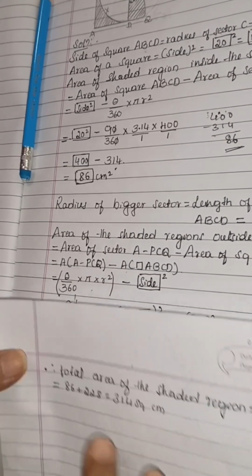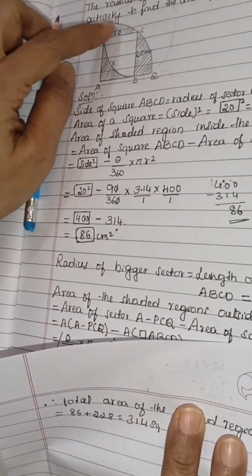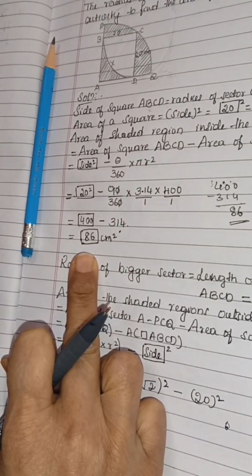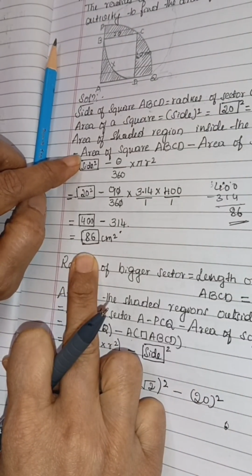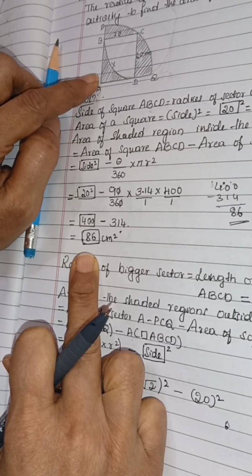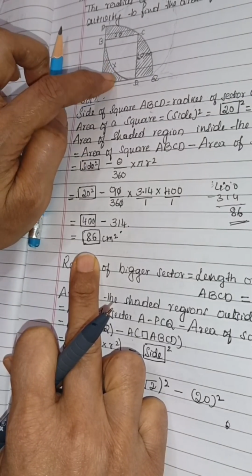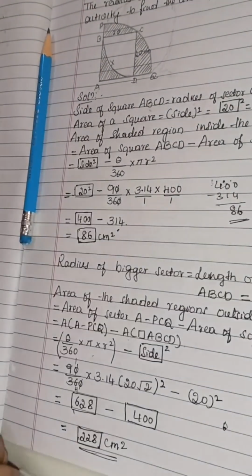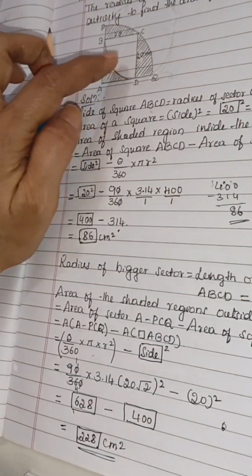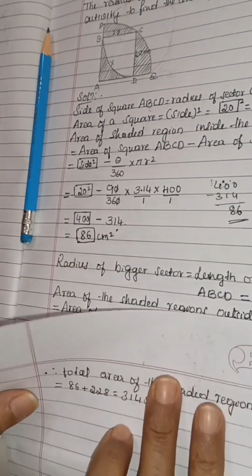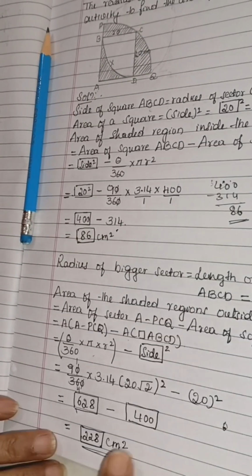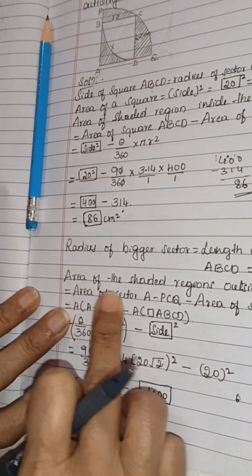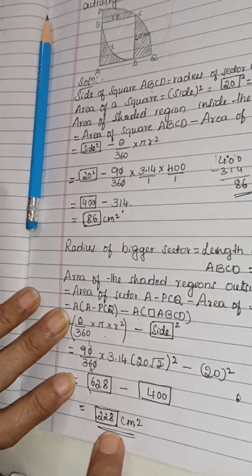Then, last, the total area of the shaded region. One is 86, the area of the shaded region inside the square. Plus the area of the shaded region outside the square, which is 628, what we found out.